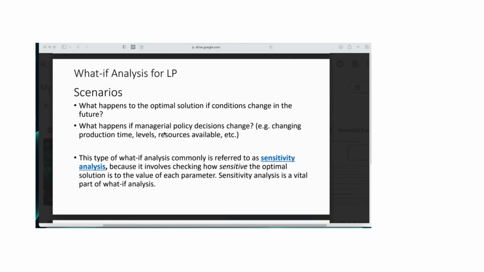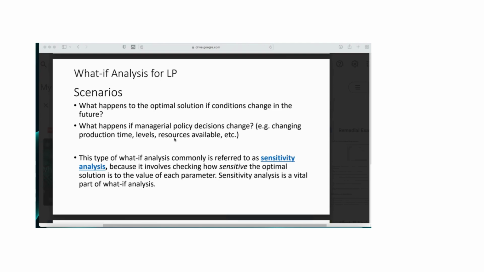We are given here some examples like change in production time, levels of output, and the availability of resources. For example, the production time or the machine time or the man hours available is within the decision of management. Let us say that operating hours were shortened.